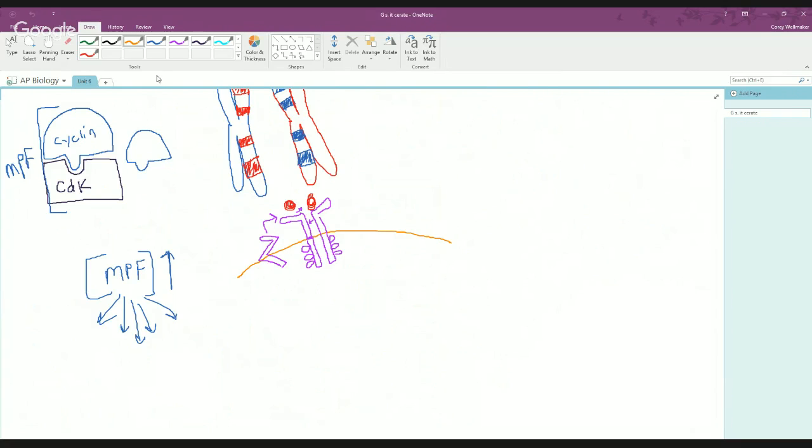And when they bump into each other, they will phosphorylate each other. The left will phosphorylate the right, and the right will phosphorylate the left. And this phosphorylation can activate multiple cell pathways. We focused on RTK as mostly activating growth pathways, but RTK also is used for the insulin signaling pathway.